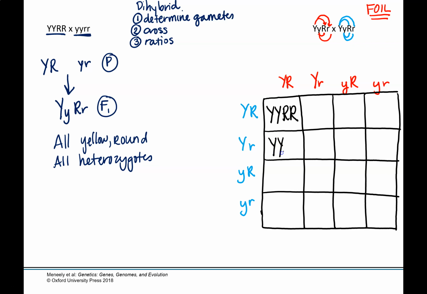One, it's easier for me to grade, and two, it's easier for you to determine the phenotypes later. So here we have big Y, big R, little r. Big Y, little y, big R, big R. And then I'm just going to keep going.